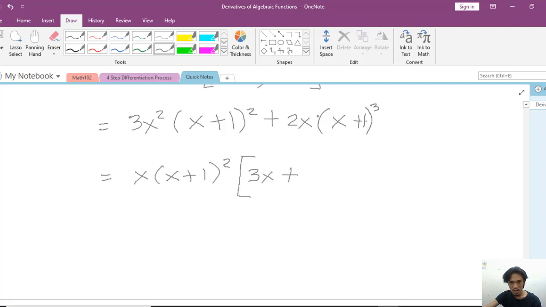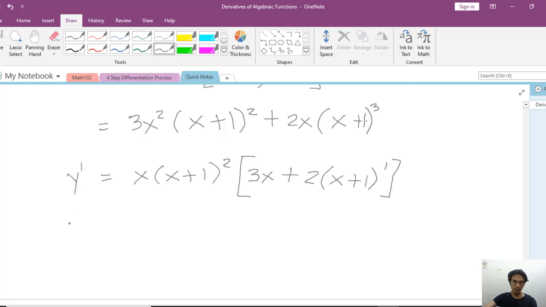And then for this one, you factored out x and (x plus 1) raised to 2. What will be left is x times (x plus 1) raised to 1. To check whether your factoring is correct, you can multiply this back, distribute it back, and you should arrive at the equation at the top.